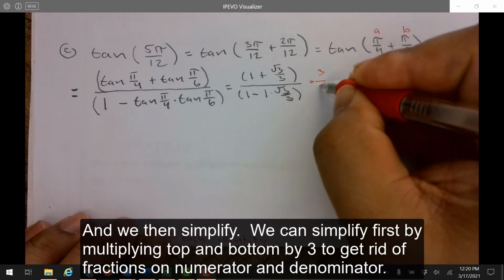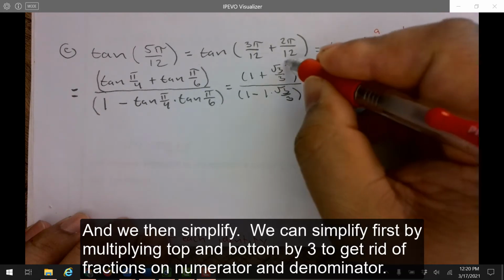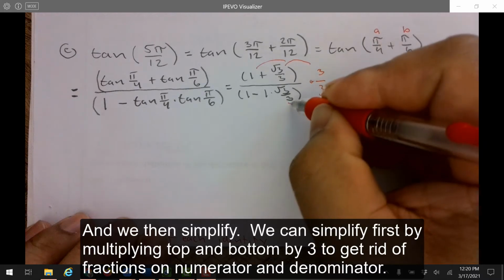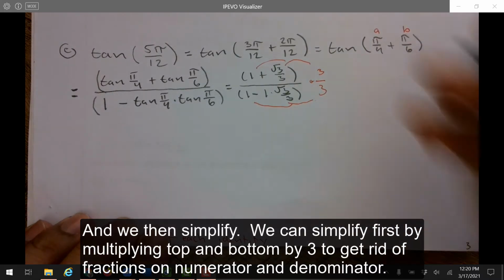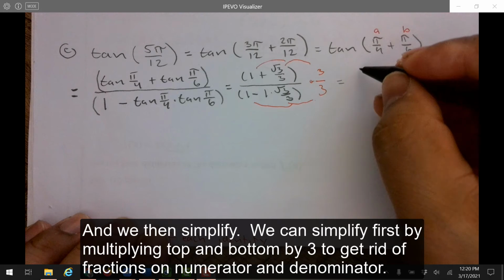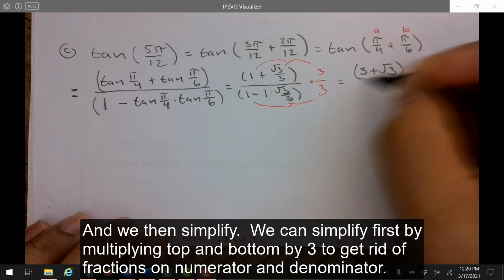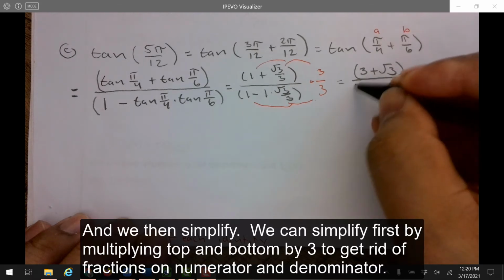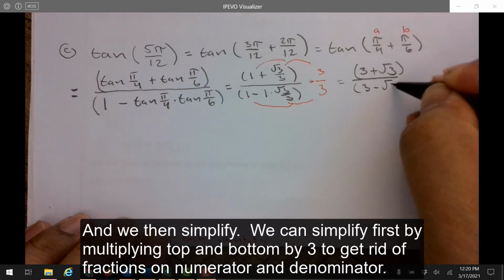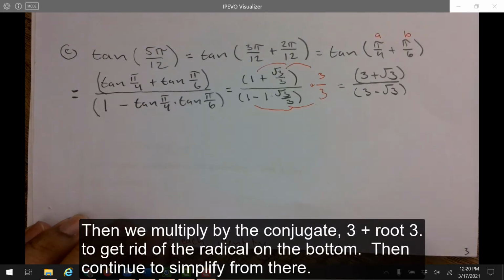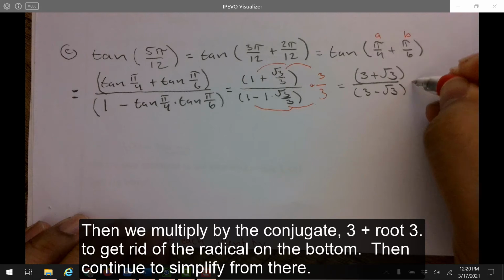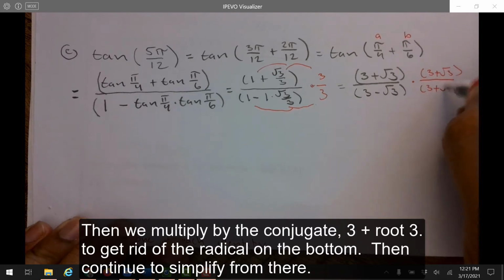We can simplify first by multiplying top and bottom by 3 to get rid of fractions on the numerator and denominator. Then we multiply by the conjugate, 3 plus root 3, to get rid of the radical on the bottom. Then continue to simplify from there.